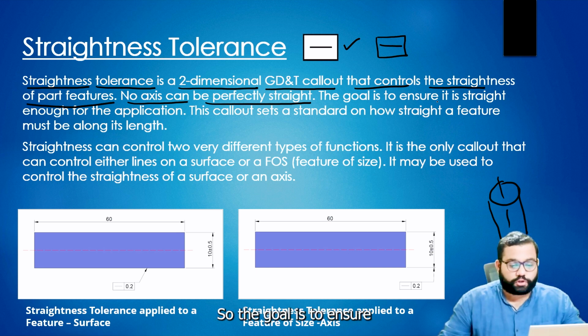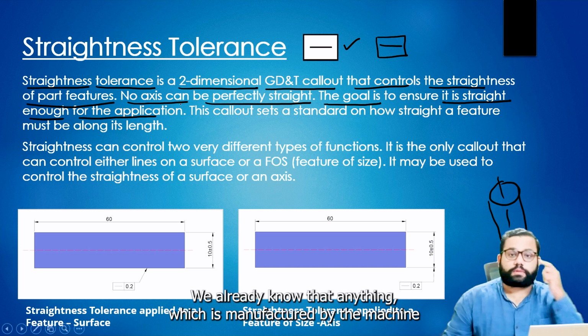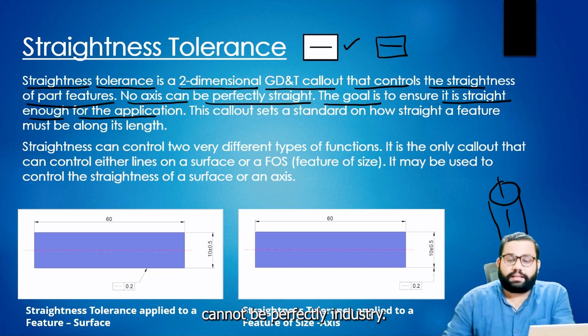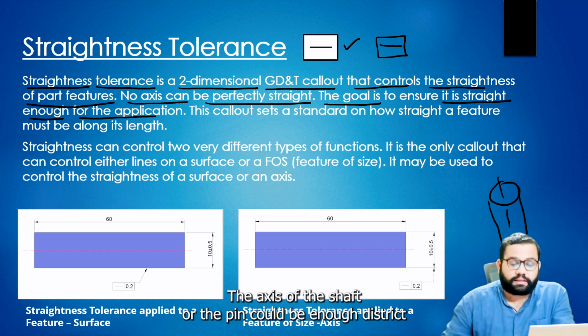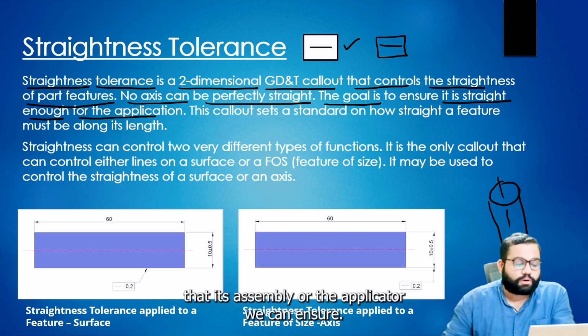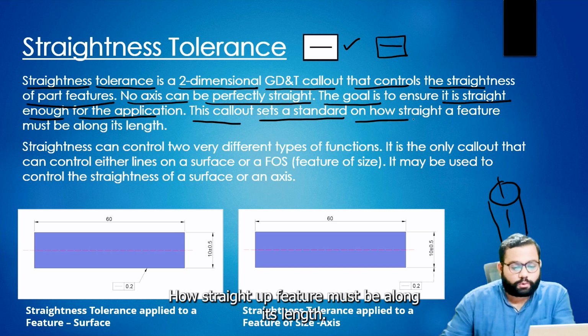The goal is to ensure it is straight enough for the application. We already know that anything manufactured by a machine cannot be perfectly in shape. So we control this so that the application is not hindered, and the axis of the shaft or the pin should be straight enough that the assembly or application can be ensured. This callout sets a standard on how straight a feature must be along its length.